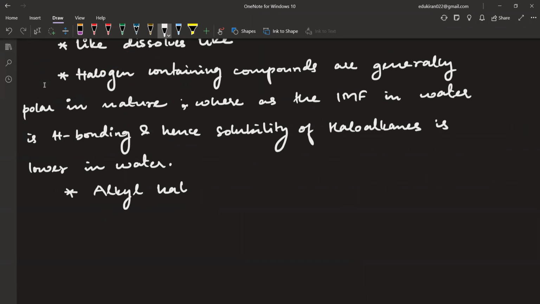Alkyl halides are more polar than aryl halides.